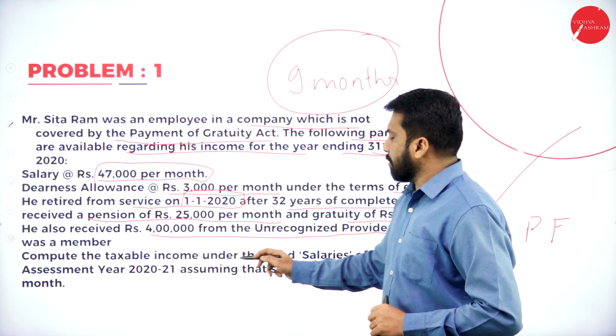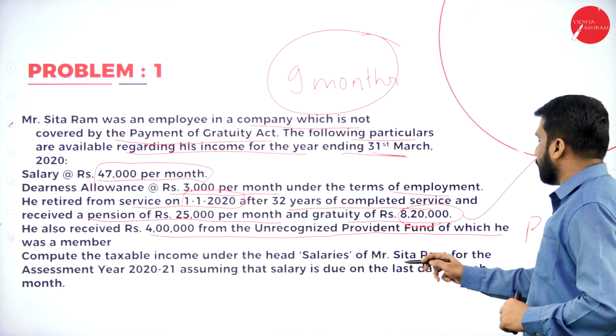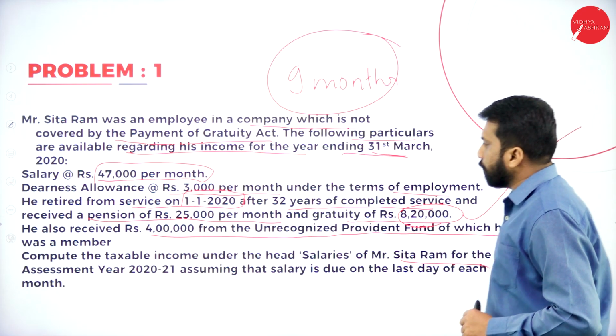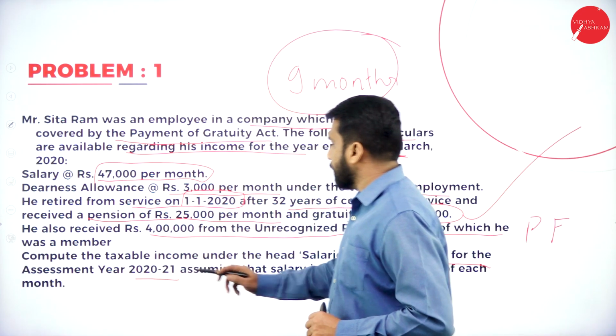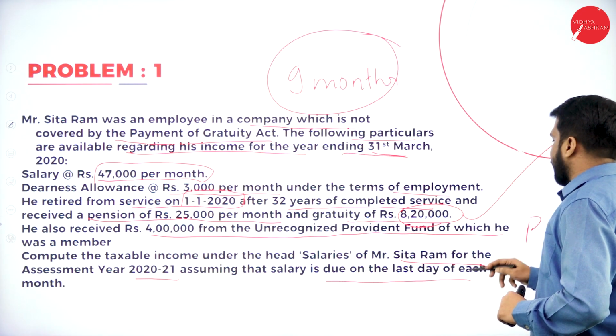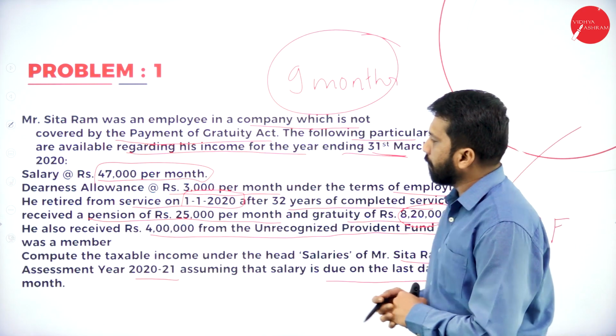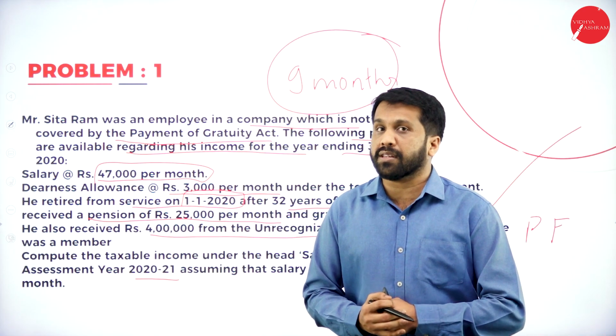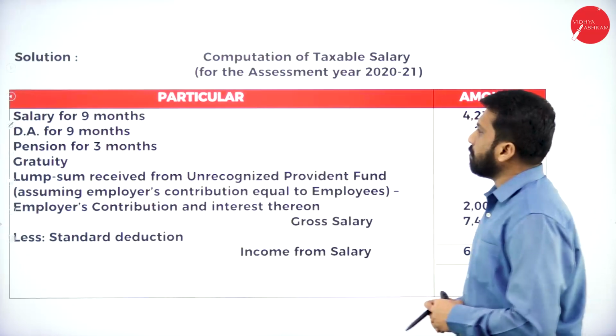Now, compute the taxable income under the head salary of Mr. Sitaram for the assessment year 2021, assuming that salary is due on the last day of each month. Hope you are clear.